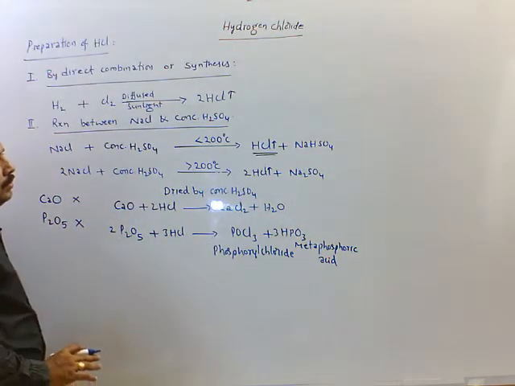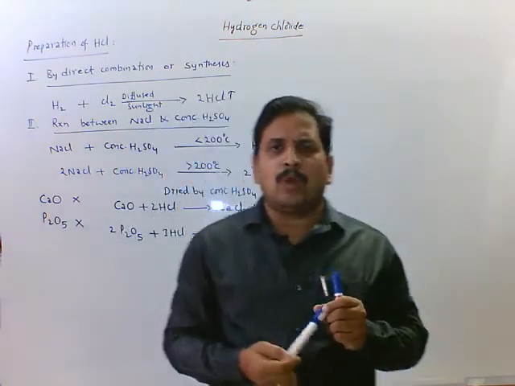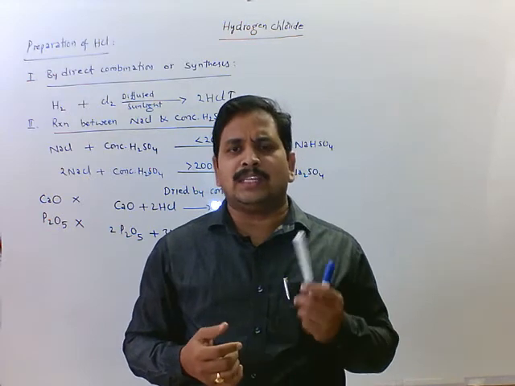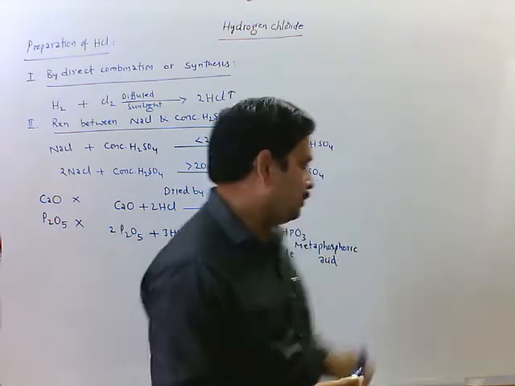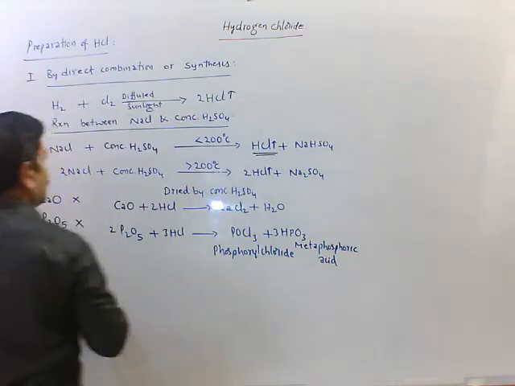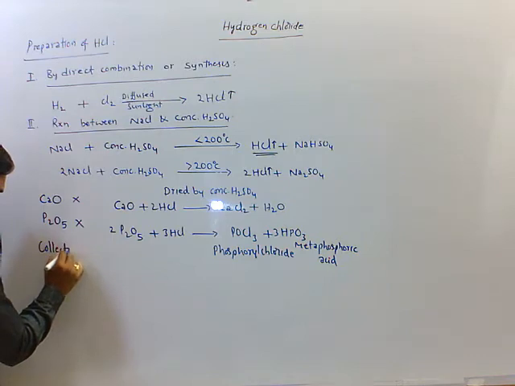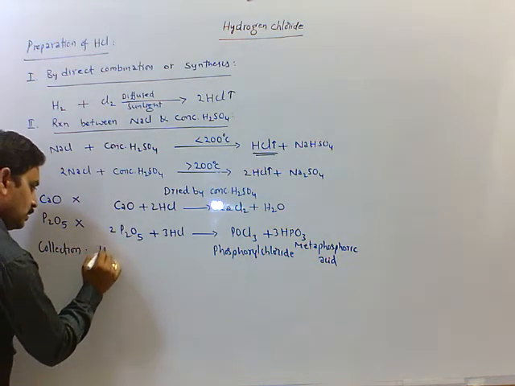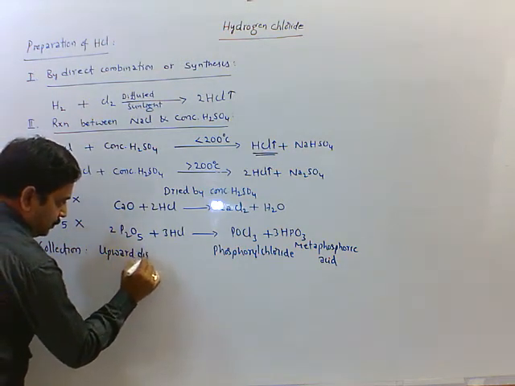And also this hydrogen chloride gas is 1.28 times heavier than air. So it is collected by upward displacement of air. So collection of hydrogen chloride gas is by upward displacement of air.